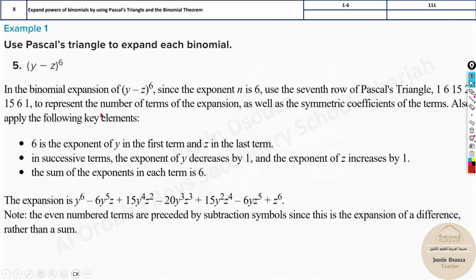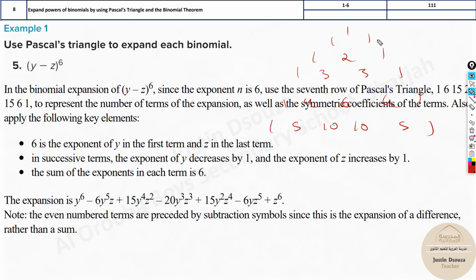As it goes bigger, it'll just take more time. If you have forgotten the Pascal's triangle, just do the Pascal's triangle first. How do you do it over here? You can just do 1, 1, 1, and then 1, 2, 1, and then 1, 3, 3, 1, and then again 1, 4, 6, 4, 1, and then you can do it again and again. 1, 5, 10, 10, 5, 1, and it goes on.